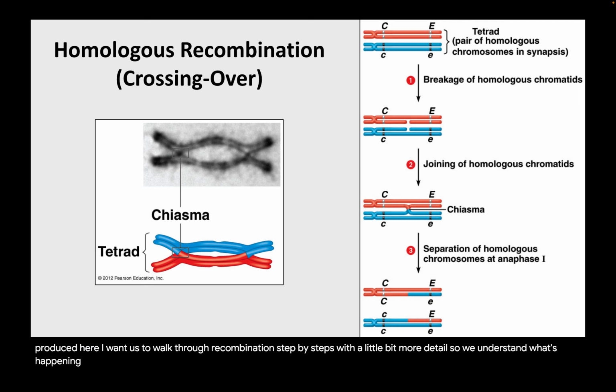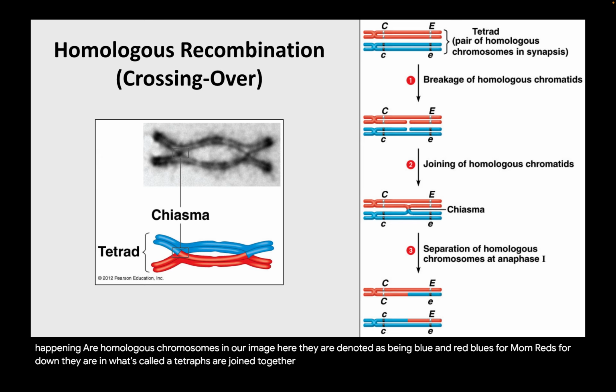All right, our homologous chromosomes. In our image here, they are denoted as being blue and red. Maybe blues for mom, reds for dad. They are in what's called a tetrad. So homologous pairs are joined together in a tetrad. And on each chromosome, we have different versions of alleles.